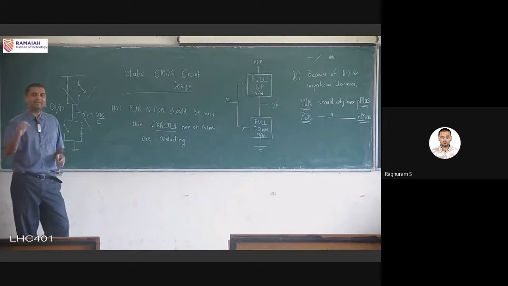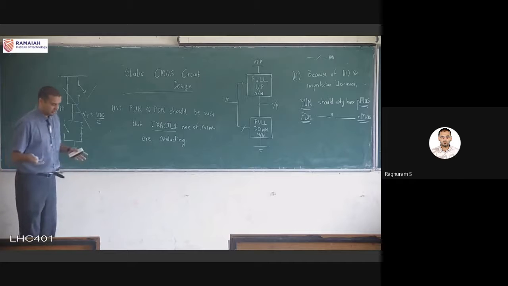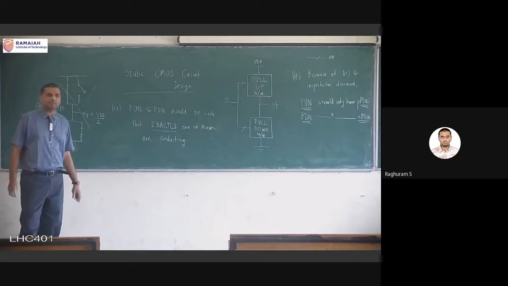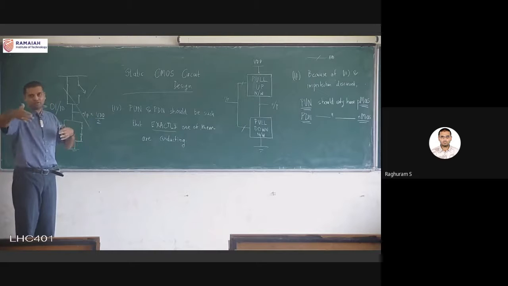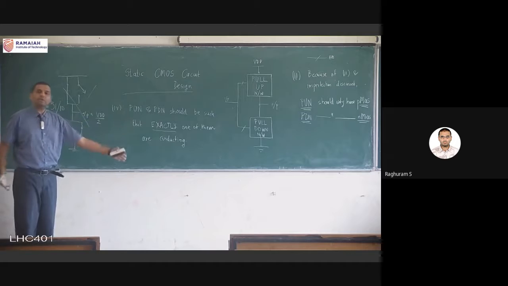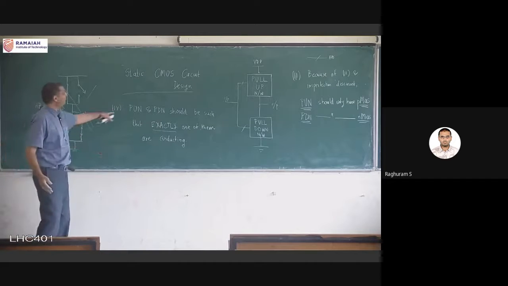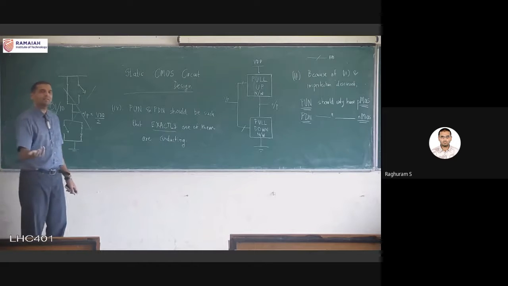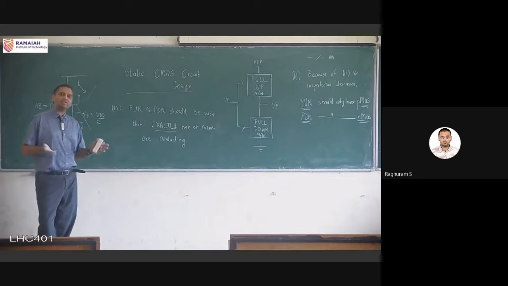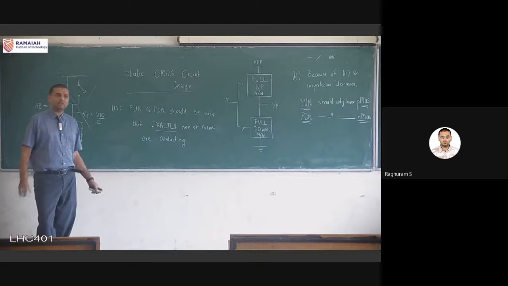If I supply this to another gate, because in CMOS VLSI the outputs generally are supplied to another gate, except for the primary inputs and primary outputs, there are so many stages. So generally anything we generate might be given to another gate. If I am giving this signal to another gate, the circuit will completely malfunction, because this will be neither at VDD nor at ground. All our VGS minus VT analysis, everything will go wrong. It will be at a completely wrong value, which cannot be.